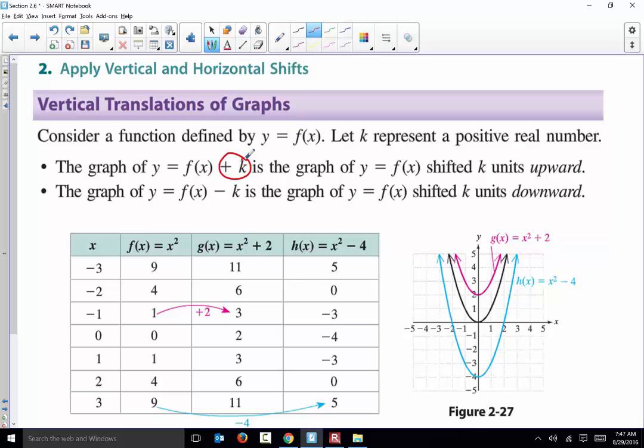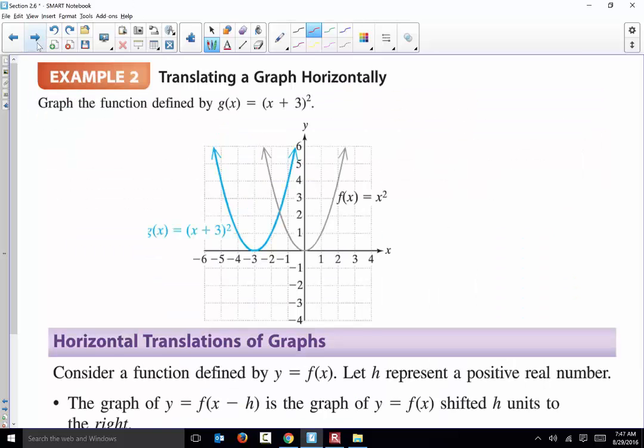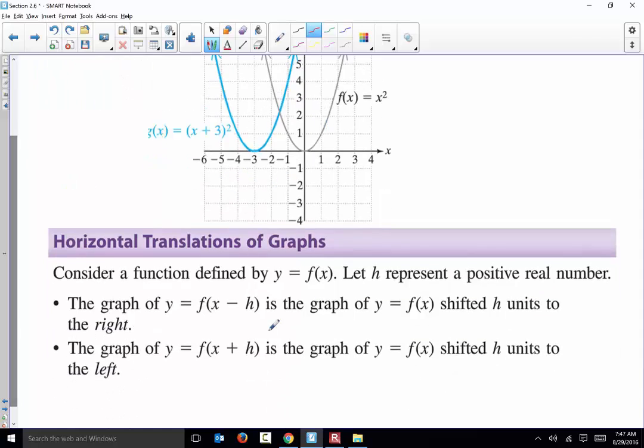When a number is added or subtracted at the very end of the formula, it goes up and down respectively. Positive means up, negative means down. If you have plus or minus a number directly next to x inside the function, then we have right and left shift. If it's negative, it's a right shift; positive, left shift.